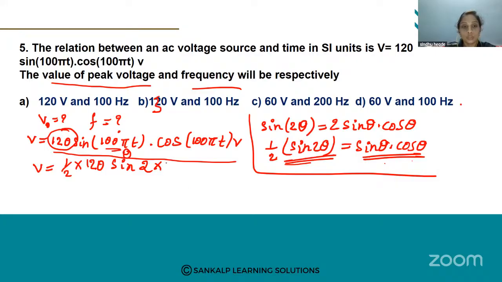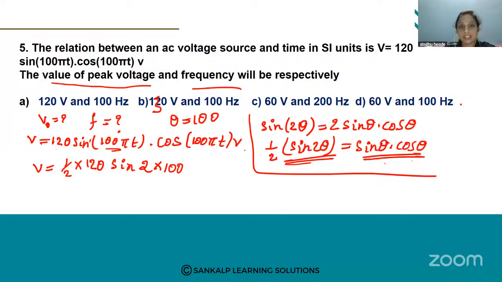So 2 into 100π. Here θ is 100π. So substitute this formula here. You understood what I did, right? The question they give like this.